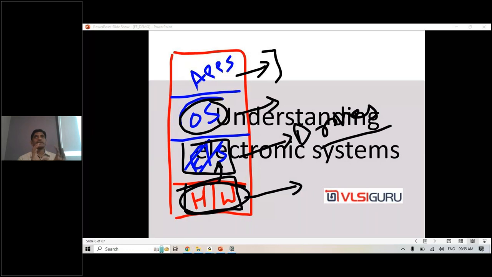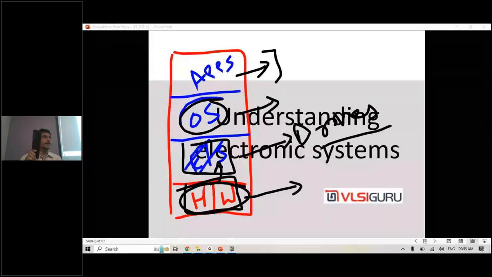Now let's take again the example of a bus. If there is no driver, can the bus do anything itself? Forget that automatic thing. Okay, the traditional things. Without a driver, can the bus move itself? Nothing, right? So the same is the reality with the mobile hardware also. If there are no drivers, if there is no embedded system layer, firmware layer, hardware cannot do anything itself.